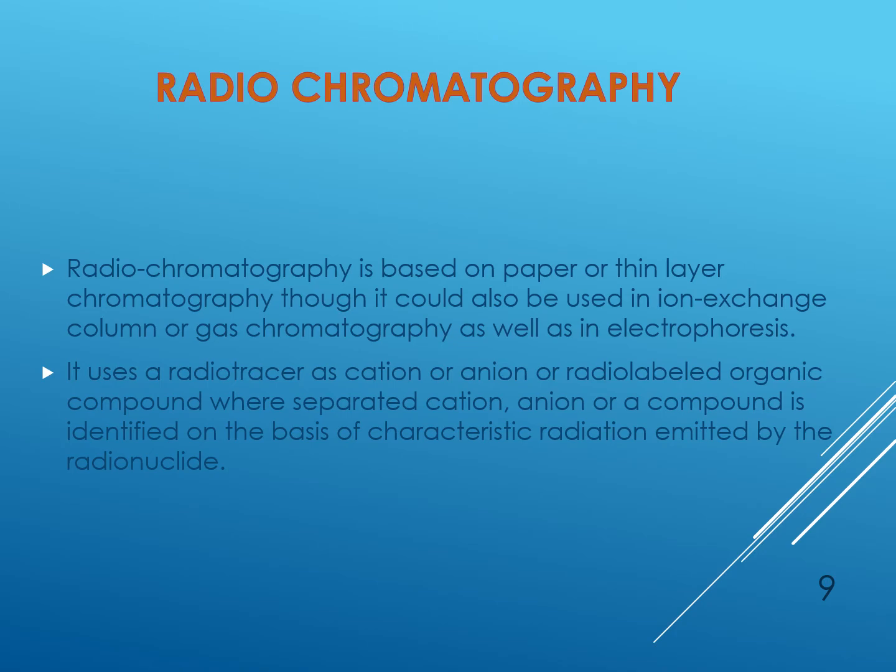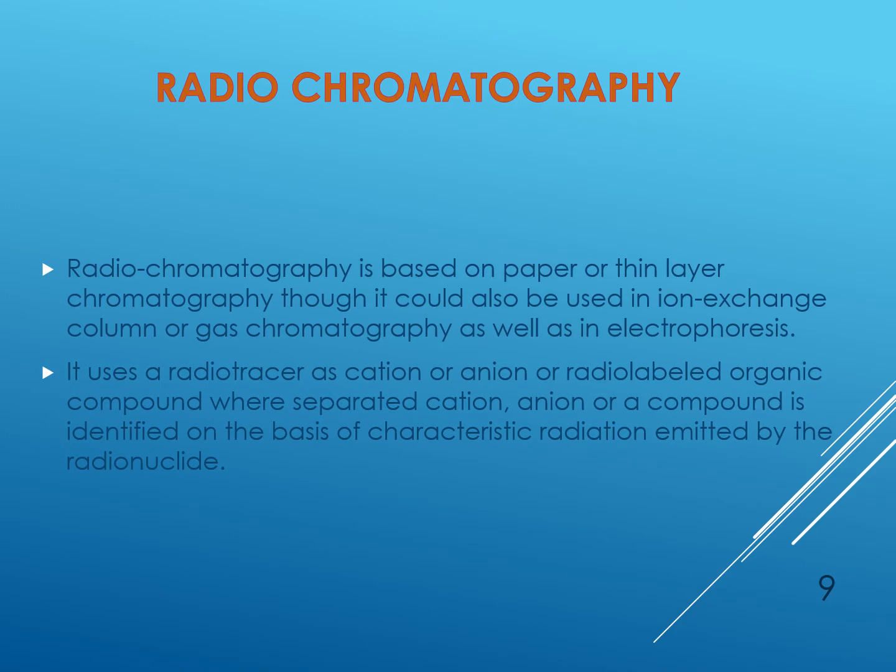It uses a radio tracer as a cation or anion or a radio-labeled organic compound, where a separated cation, anion, or compound is identified on the basis of characteristic radiations emitted by the radionuclide.